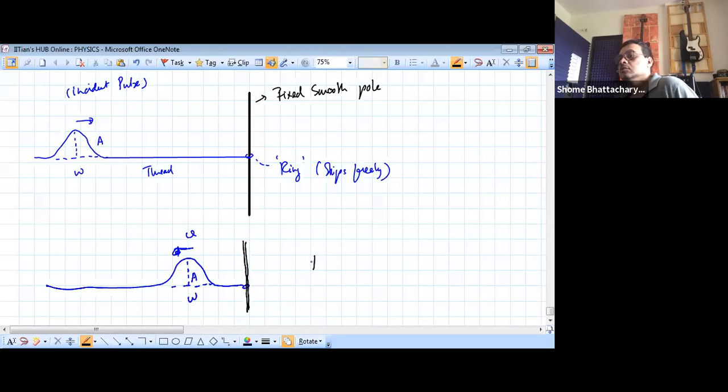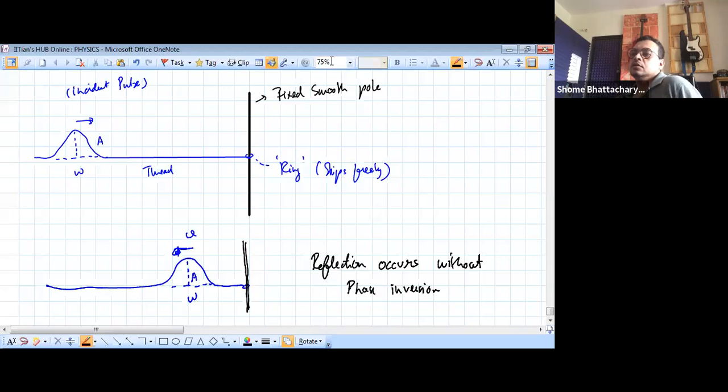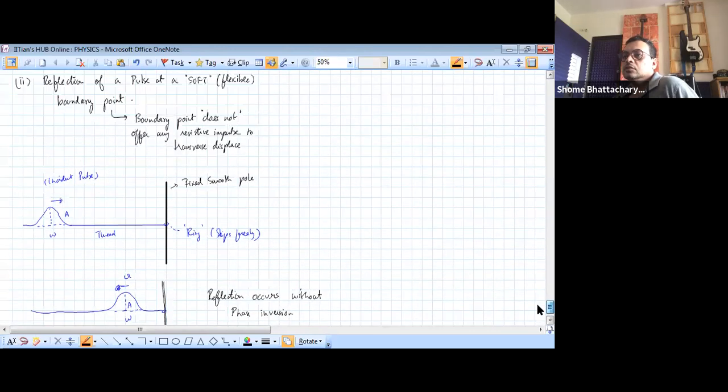So the reflection occurs without phase inversion. So just make a note of this first, then we'll come to the exact progression of the shape morphing, how it happens.